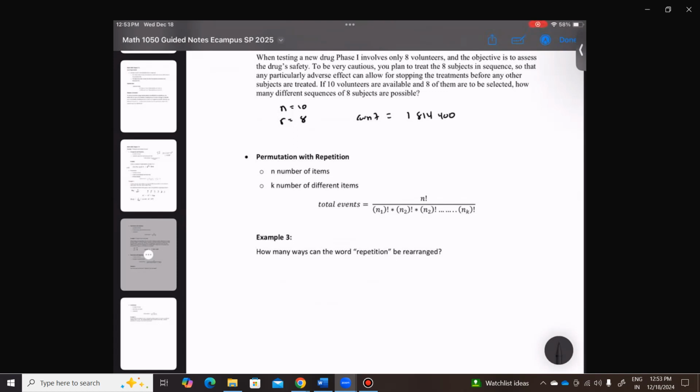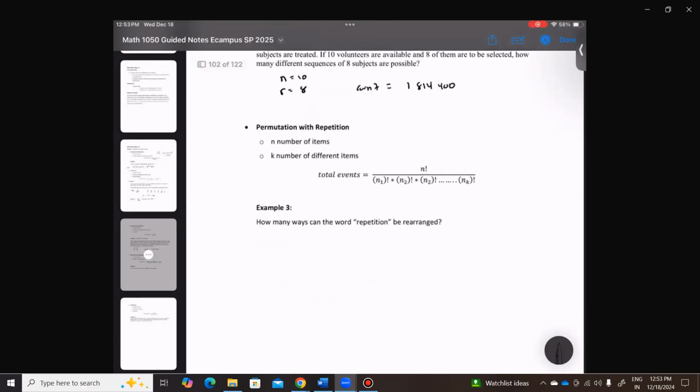So you have n1, which is the number of item 1, n2, which is the number of item 2, n3, which is the number of item 3, all the way up to nk, which is the number of item k. And so we have the total count being n factorial over n1 factorial, n2 factorial, n3 factorial, and so on.